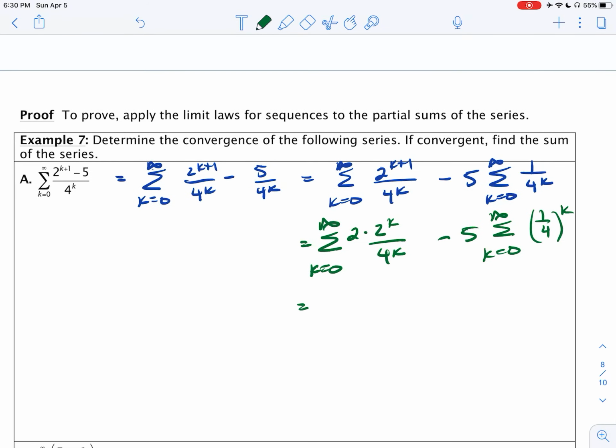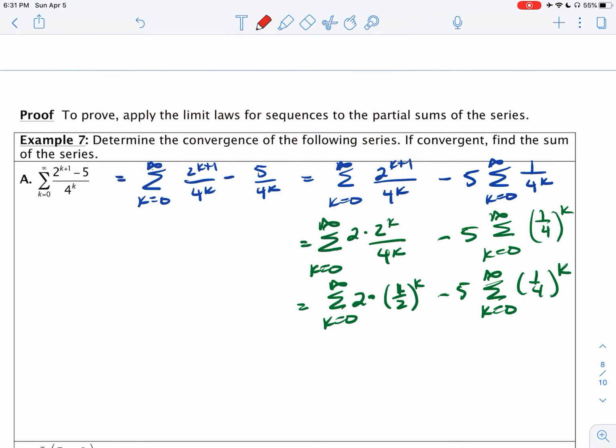This reduces to 2 times 1/2 to the k, putting the 2 to the k over 4 to the k into 1 fraction 2 over 4 to the k, and I end up with the sum of 2 times (1/2)^k, minus 5 times the sum from k equals 0 to infinity of (1/4)^k.